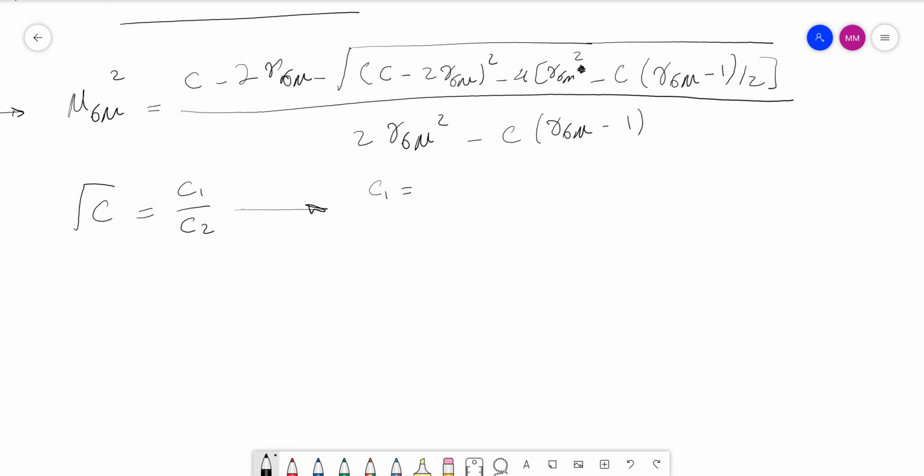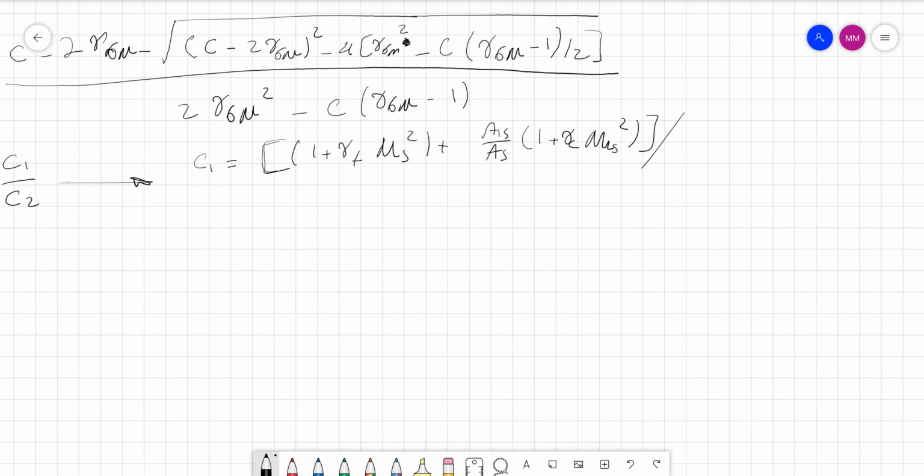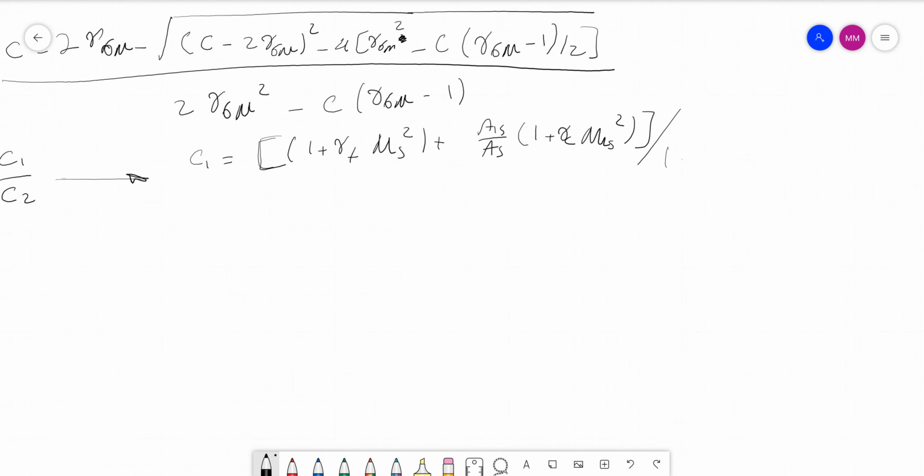C1 is equal to 1 plus gamma t M5 squared plus a15 over a5 multiplied by 1 plus gamma c M15 squared. All of this is divided by 1 plus a15 divided by a5.